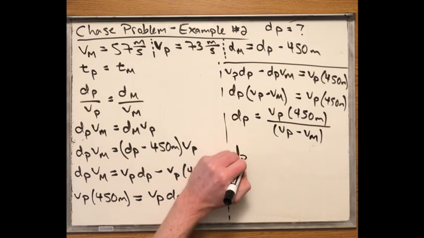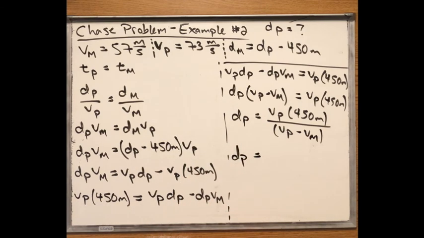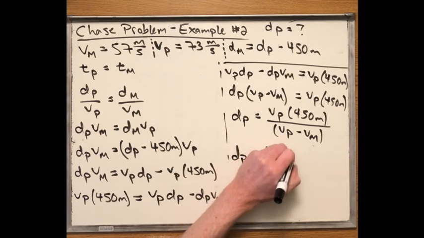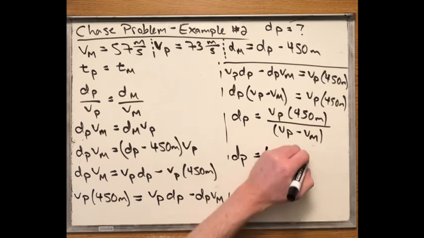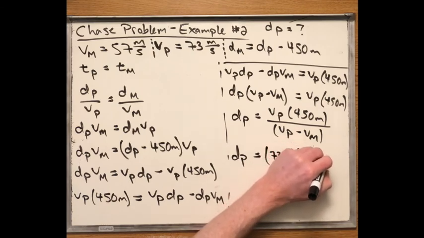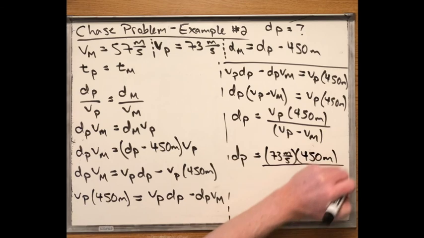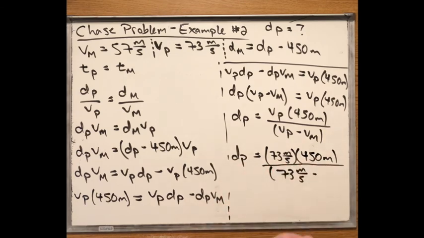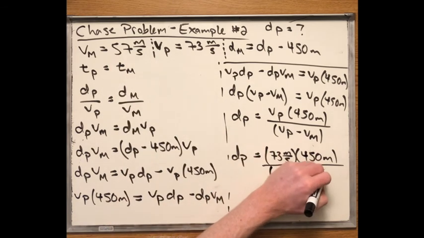And plugging in, I have VP, 73 meters per second, times 450 meters over VP, 73 meters per second, minus the speed of the motorist, which is 57 meters per second.